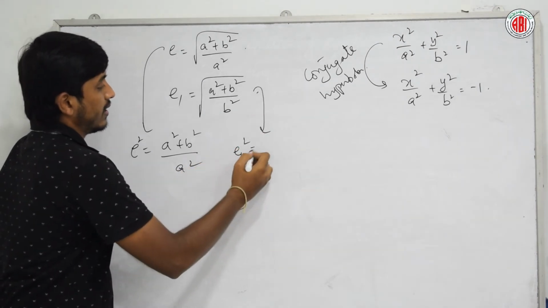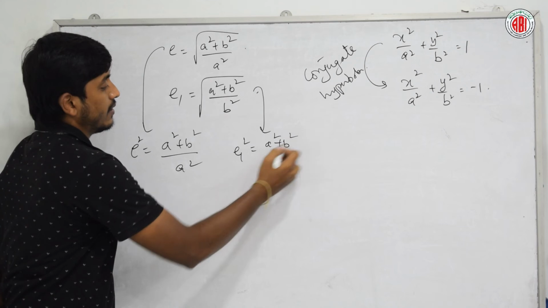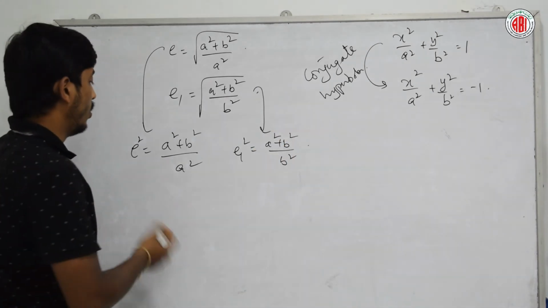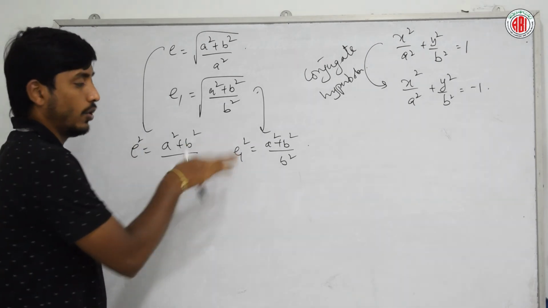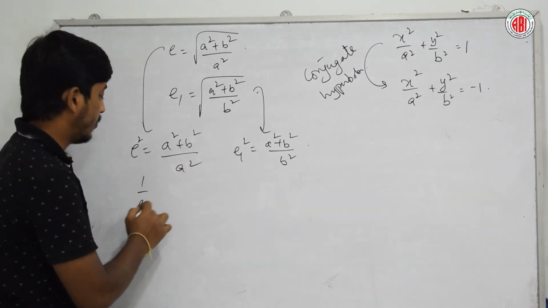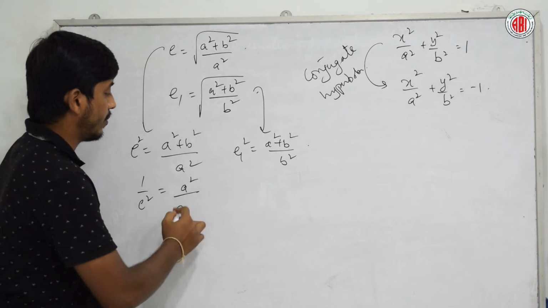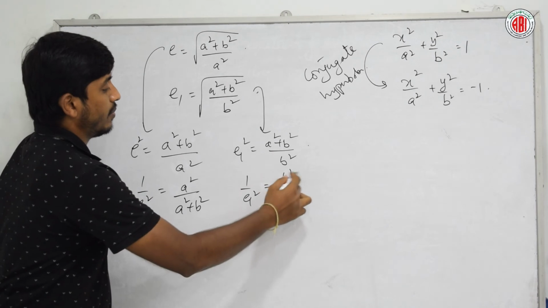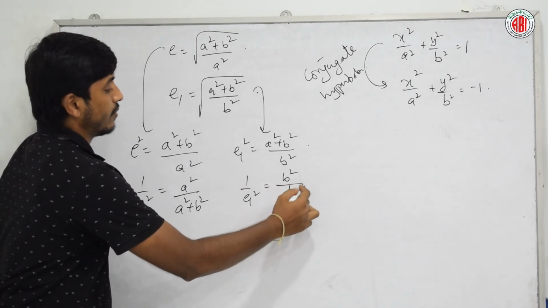And e1 square is equal to a square plus b square by b square. Is it right? So now let us take the reciprocal of this. 1 by e square is equal to a square by a square plus b square. Here 1 by e1 square is equal to b square by a square plus b square.